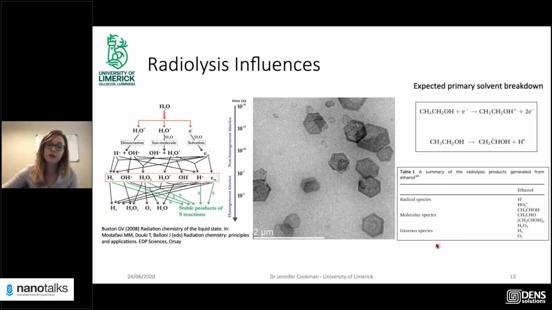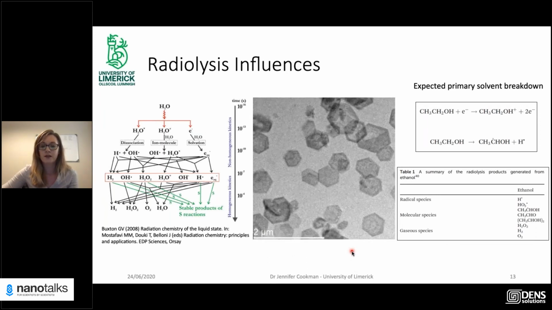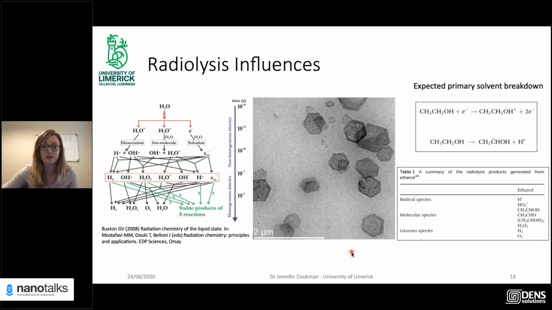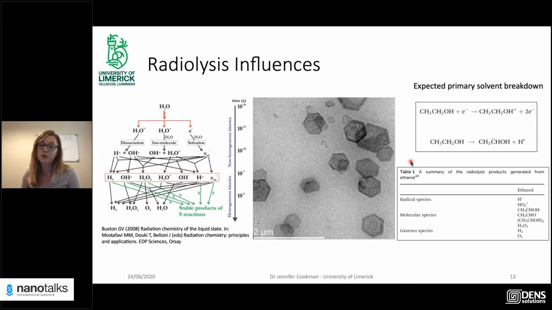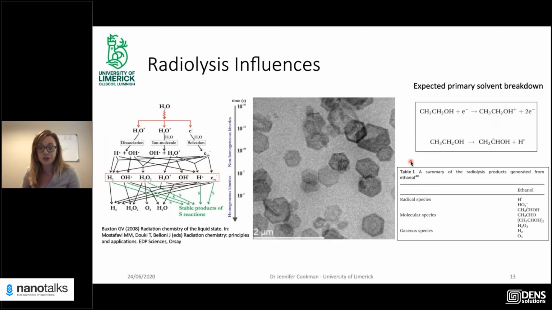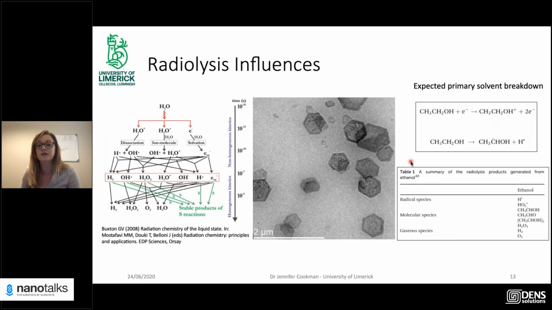So this video in the middle is showing you an example of how the gas products can be almost detrimental to the experiment, where initially at the beginning of the video, which is here, you begin in a liquid phase environment, but as the continuous irradiation is happening from the electron beam at a high dose or flux rate, you do get a lot of the gas species being produced, and what can happen is that gas species can push the liquid out of the cell.